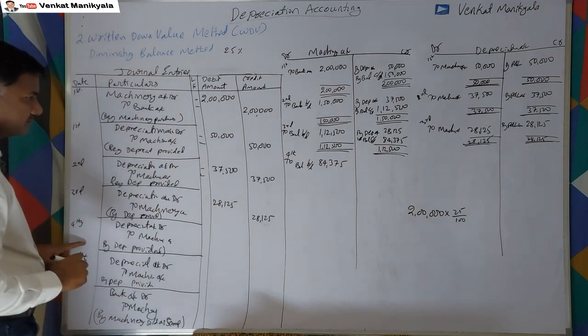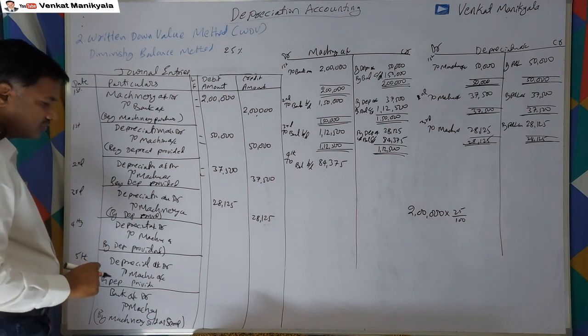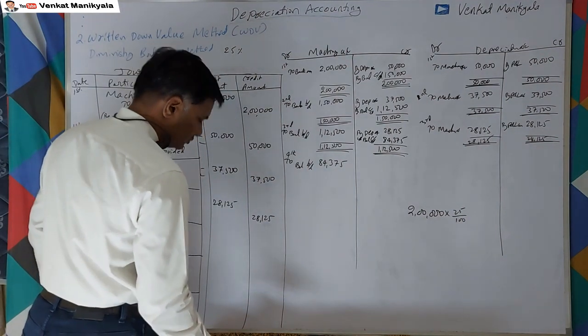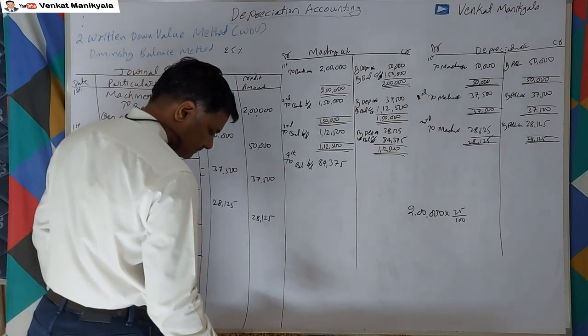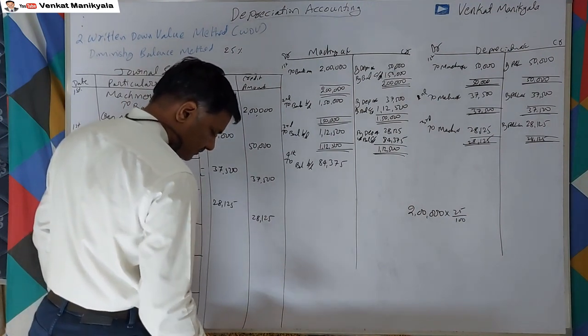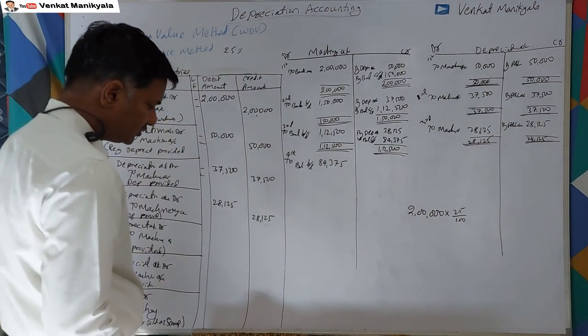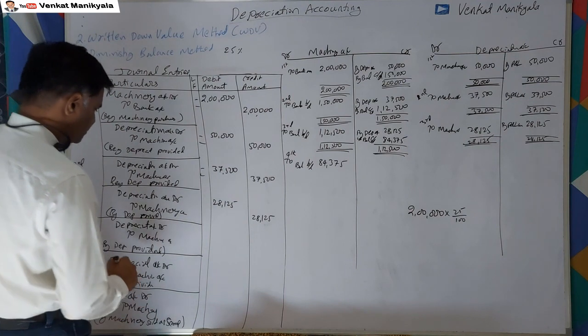On the fourth year, depreciation account to machinery account, again for 84,375 into 25%. How much? 21,094.